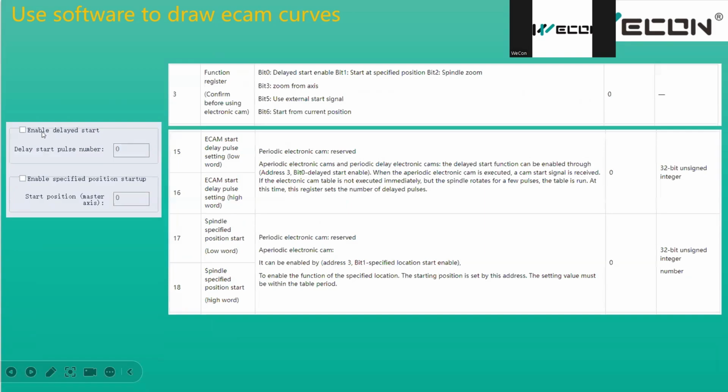And this part: enable delayed start and enable specific position startup. These are two different start ways, because index 3, I said, is a very important parameter in our data table. Here bit 1 and bit 0.